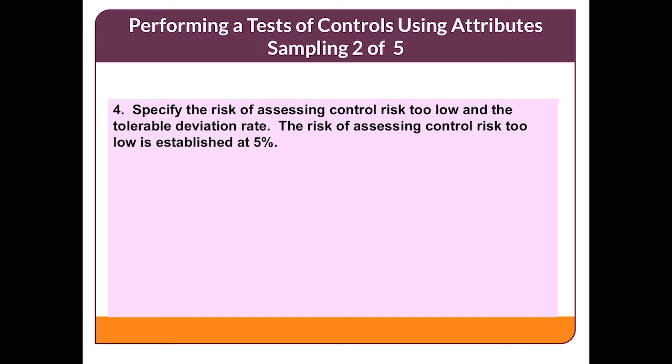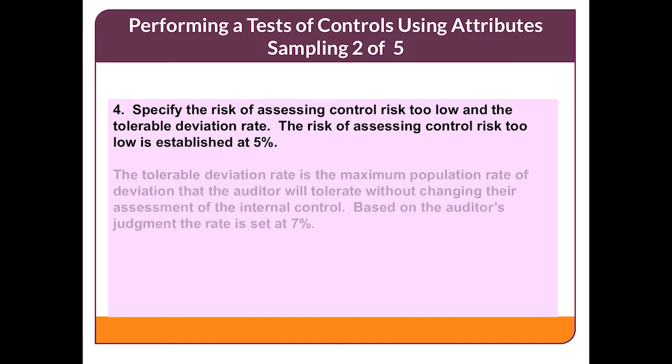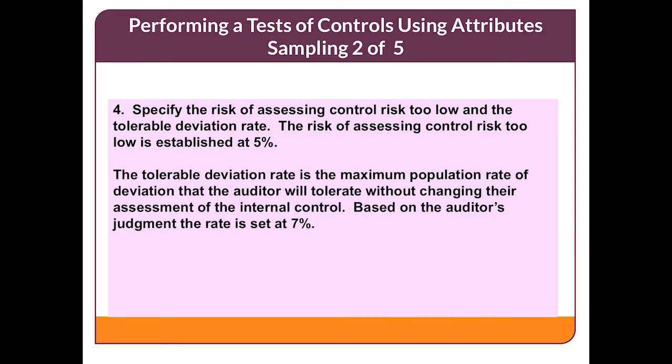We're going to say the risk of assessing control risk too low is established at 5%. The tolerable deviation rate is the maximum population rate of deviation that the auditor will tolerate without changing their assessment of the internal control. Based on the auditor's judgment, we set that rate at 7%.